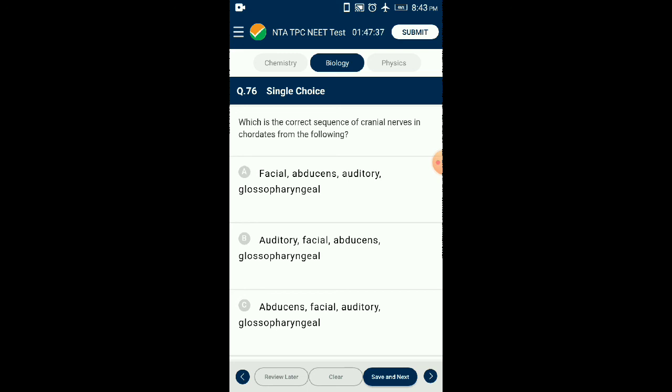Here the sixth abducens nerve, seventh facial nerve and the eighth auditory nerve. So the answer for this question is option C: abducens, facial, auditory, glossopharyngeal. So that is correctly given.